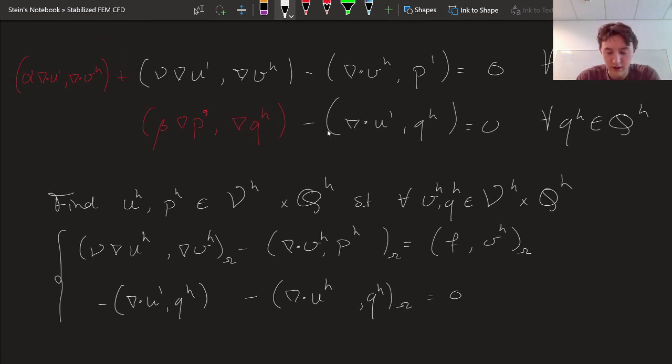But here we're seeing that this minus Q prime, minus U prime QH corresponds to beta gradient P prime gradient QH. So I can actually replace this one by minus beta gradient P prime comma QH. Gradient QH, there we go.